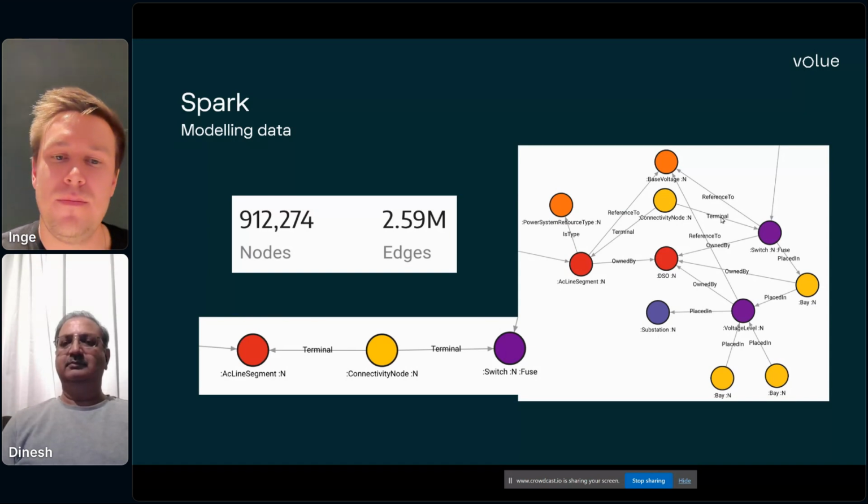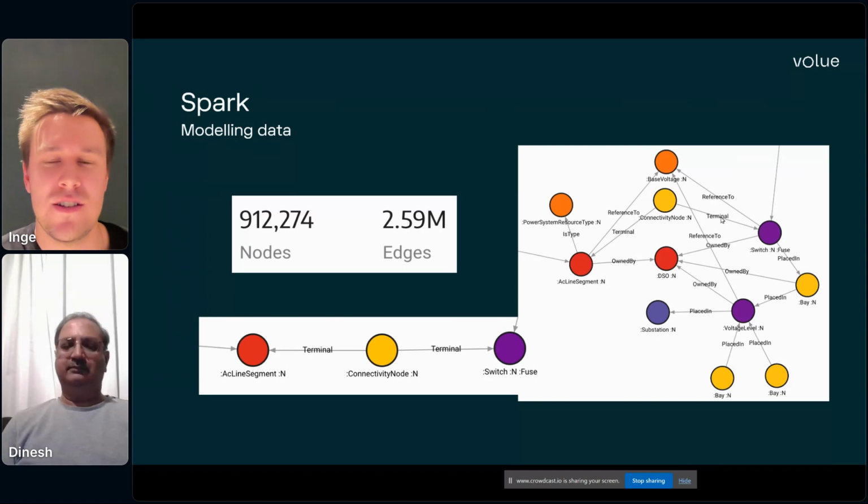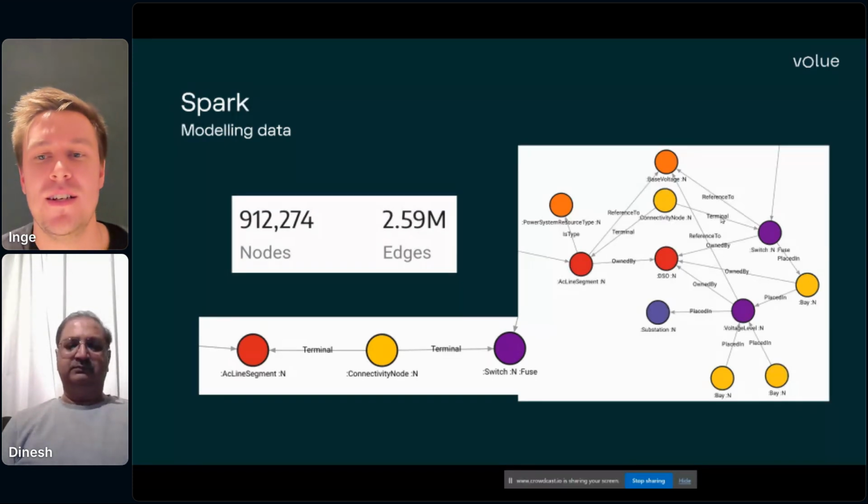One final thing here is having a direction in the graph. Now, the power grid sort of doesn't have a direction because power flows both ways.